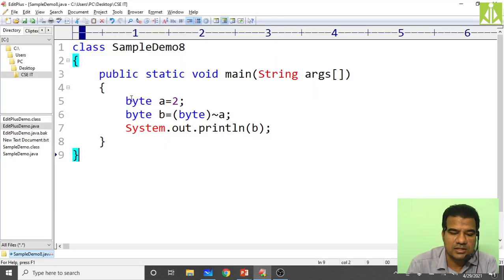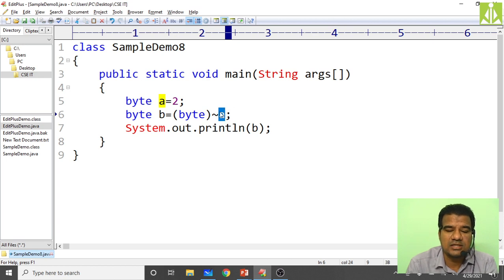Okay, it is successful now, because whenever you take byte, short, int, whatever you take, it will always be converted to integer. In our type conversion rule, type promotion in expression, we have discussed one such topic. Over there, the first point you read, you will understand why this a value, even though it is in byte, is considered as an integer over here.